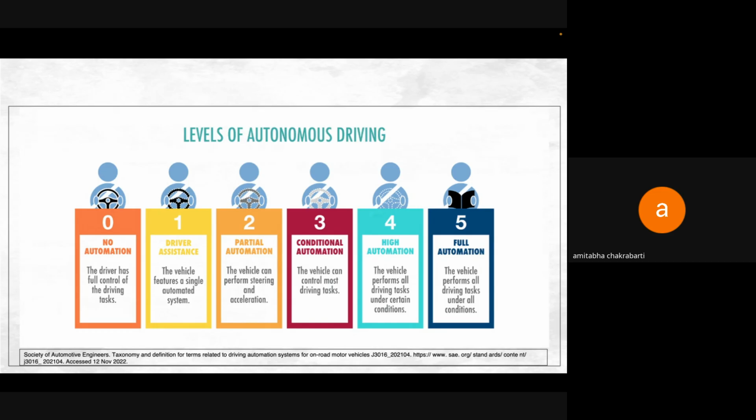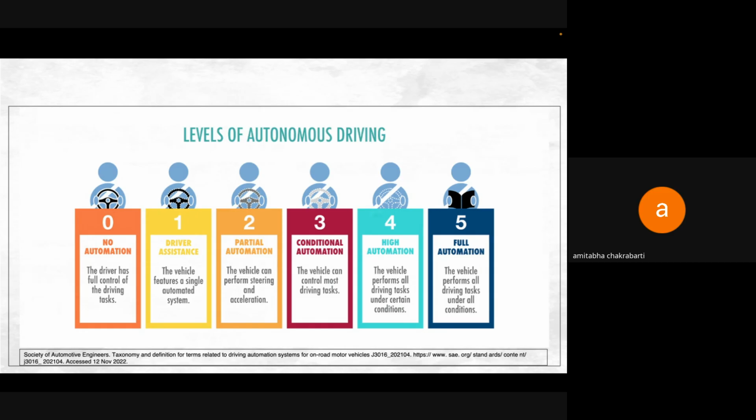So from this, we are discussing, even in our robotic surgical fields. Level 0 is zero automation, where the driver has full control of the driving task, and level 5 is full automation, where the vehicle performs all driving tasks under all conditions. Driver assistance is level 1, partial automation is level 2, and conditional automation is where the vehicle can control most of the driving tasks. So just imagine from 0 to 5.